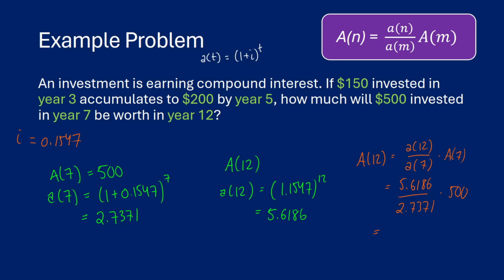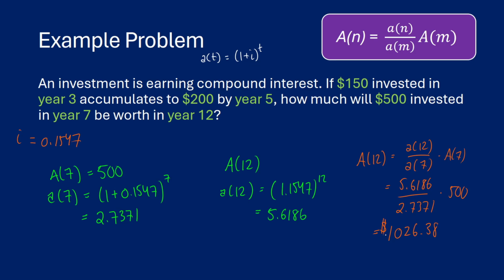So if we put this into a calculator, we divide that by 2.7371, we multiply it by 500. What is our final value? That is going to be $1,026 and roughly 38 cents.